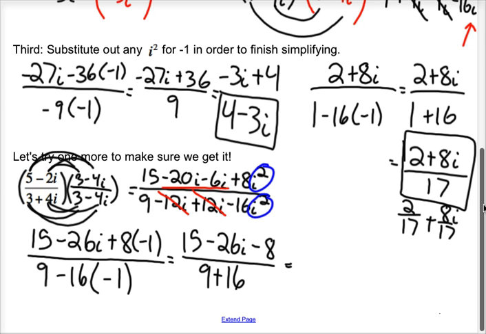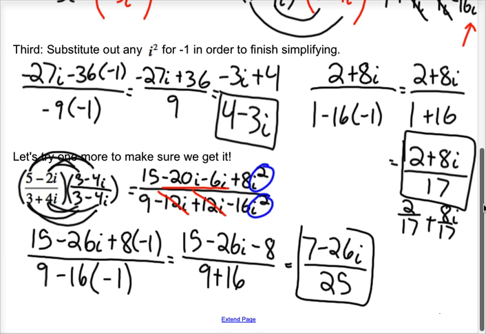So we have 7 minus 26i on top, and on the bottom, we have 25. So you can leave your answer as that, or again, sometimes you'll see it represented separated out: 7 over 25 minus 26 over 25i. You'll see it represented both ways.